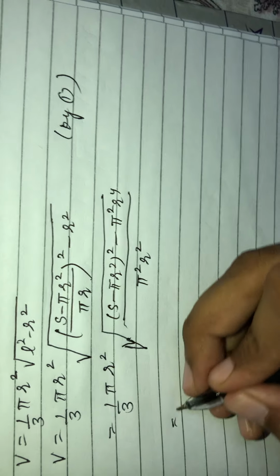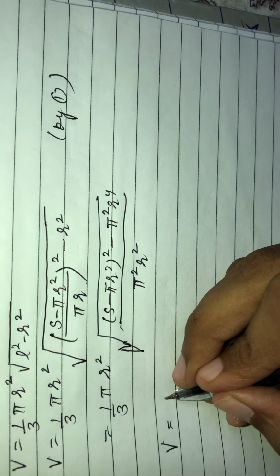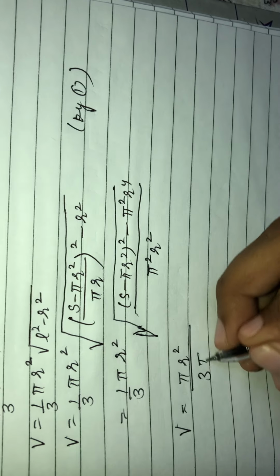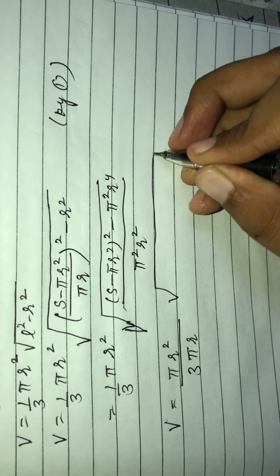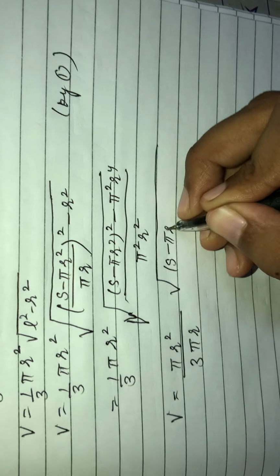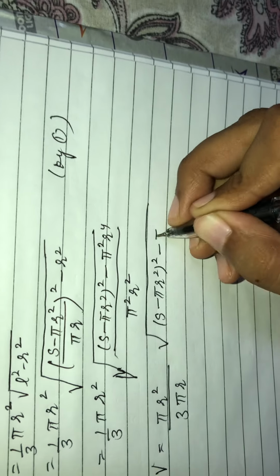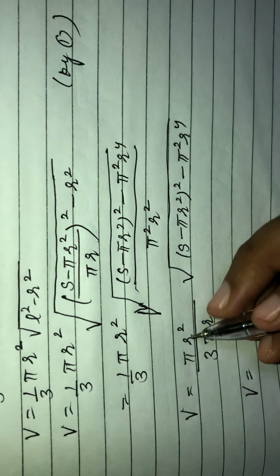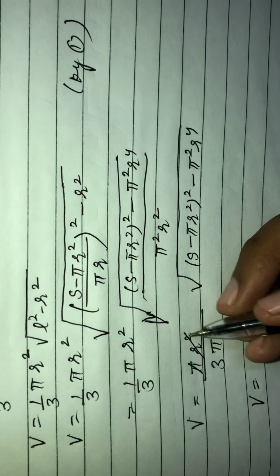So I am getting V as pi square upon 3, under root will become pi r, and this will become S minus pi r square, whole squared, minus pi square r^4. So volume will become, this will cancel out, 1 is left.